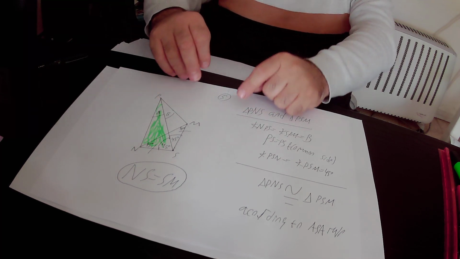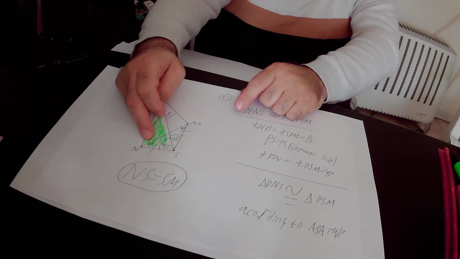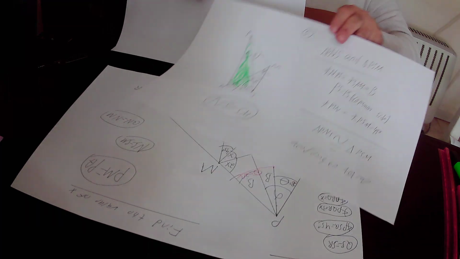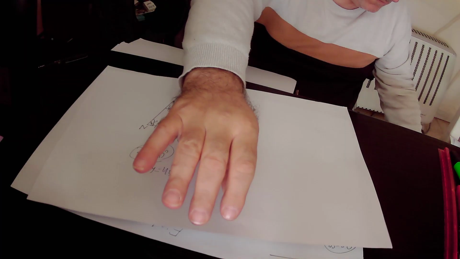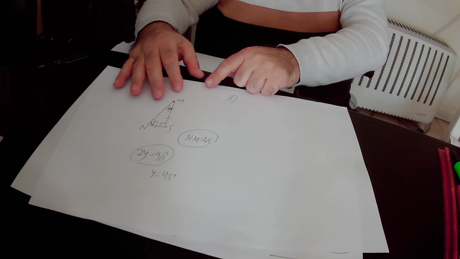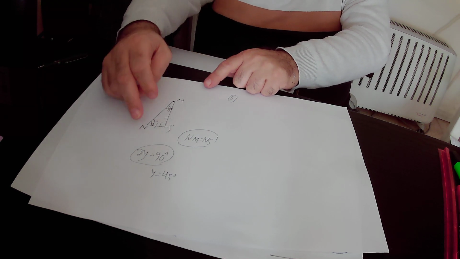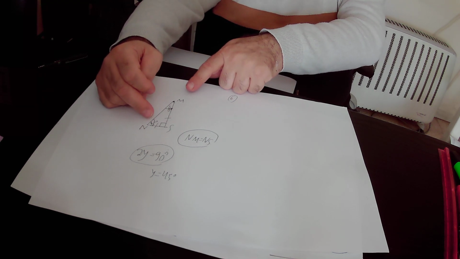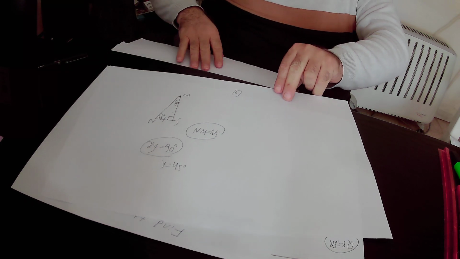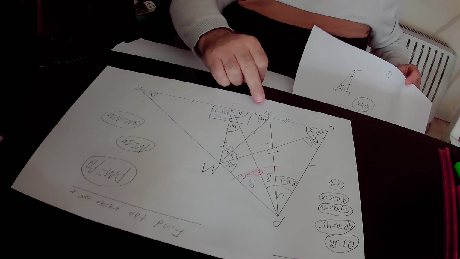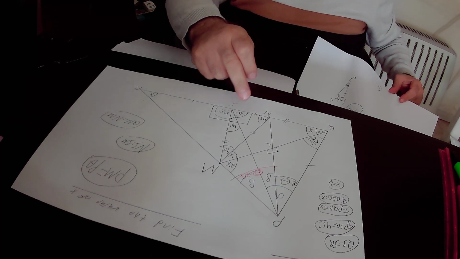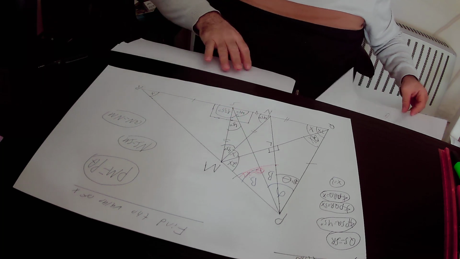So if an angle is y, then the other angle will also be equal to y. We can write down that 2y equals 90 degrees. We divided this equation by 2 and we got that y equals 45 degrees. So this angle equals 45 degrees and this angle also equals 45 degrees. So this angle MNS equals 45 degrees, and this angle also equals 45 degrees.